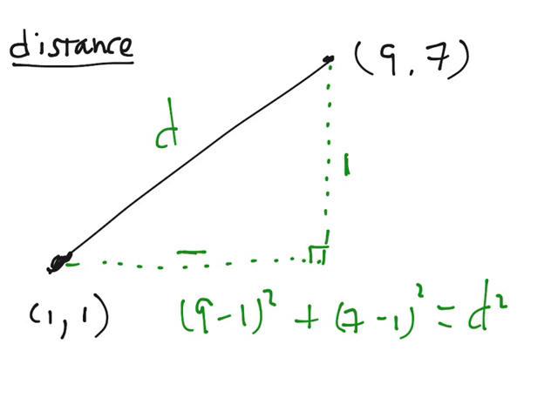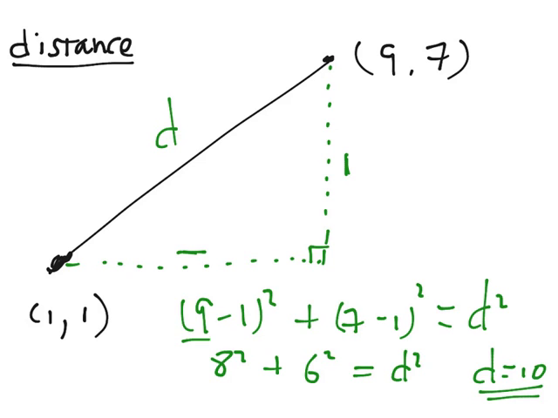So 8 squared plus 6 squared equals d squared, and we should recognise that as a Pythagorean triple. Indeed, 64 plus 36 is 100, so d equals 10. But observe, it's the difference between the x coordinates squared plus the difference in the y coordinates squared which gives us the hypotenuse squared.